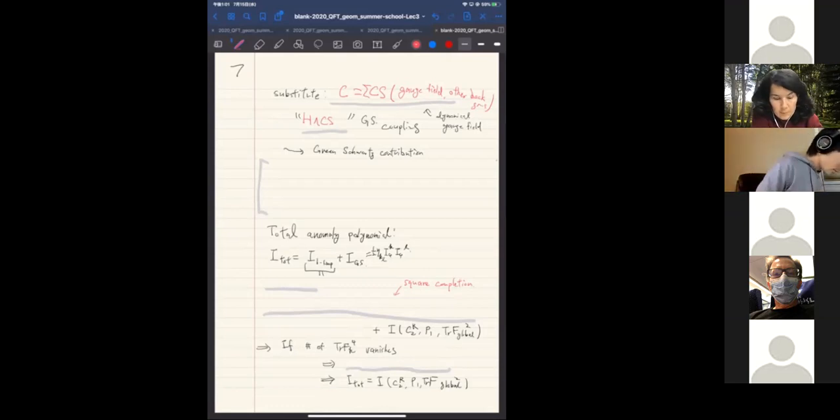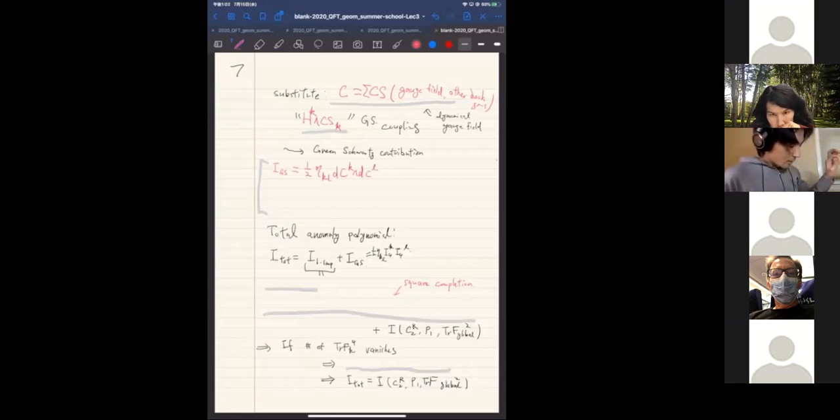And so in general, we can have multiple tensor fields, so we can write multiple such couplings. Then the Green-Schwarz contribution to the anomaly polynomial from this, if you have multiple tensor fields, the two-form symmetry anomaly polynomial looks like this.